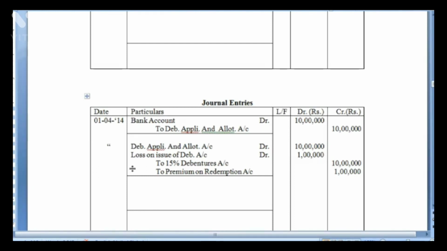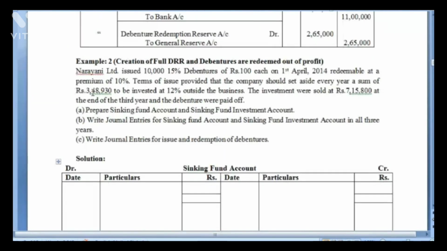And after issue, now the company decided to transfer a certain amount every year to debenture redemption fund, that is called DRR. According to the terms of issue, the company should set aside every year a sum of rupees 3,48,930.